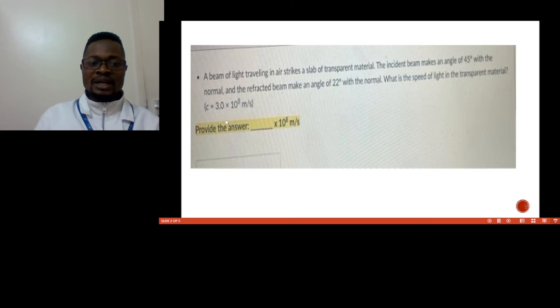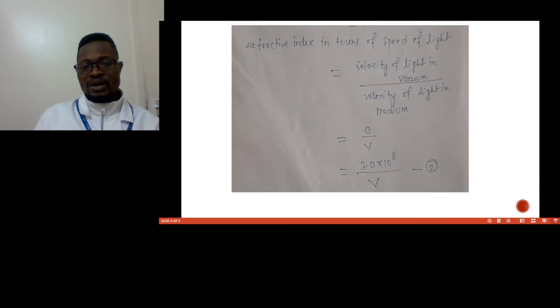That's why we had c to be 3.0 times 10 raised to power 8 meters per second. So this is the velocity of light in vacuum, and we need to plug it into our equation. We are not given the velocity of light in the medium, so it will be represented by v. So c, which was given, is 3.0 times 10 raised to power 8, divided by v. Of course, this is our equation 2.